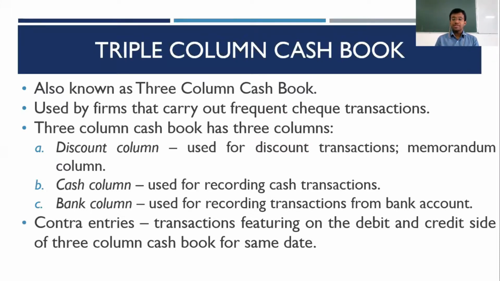Contra entries are those transactions which feature on both the debit as well as the credit side of your three column cash book for the same date. On any given date, you will have a transaction on the debit side as well as on the credit side. These are called contra entries because they happen on both sides.